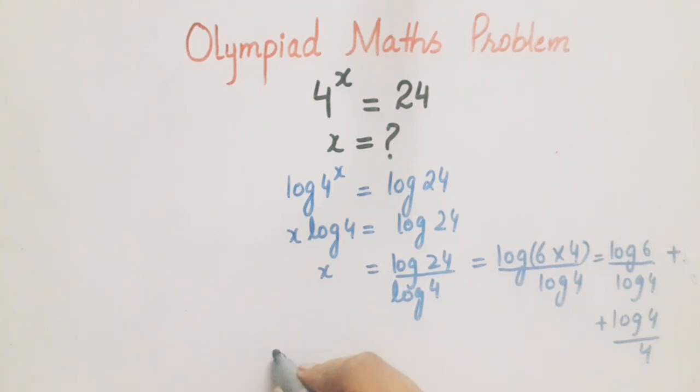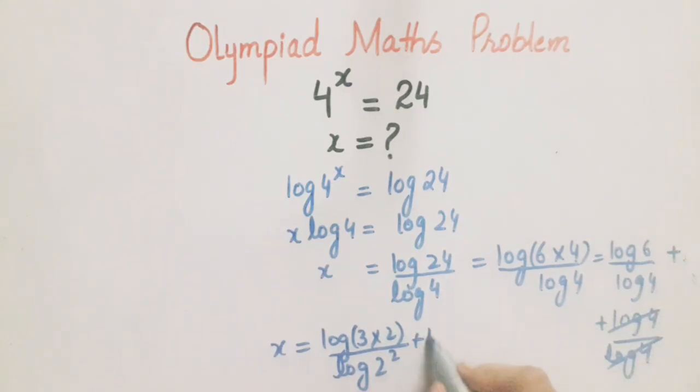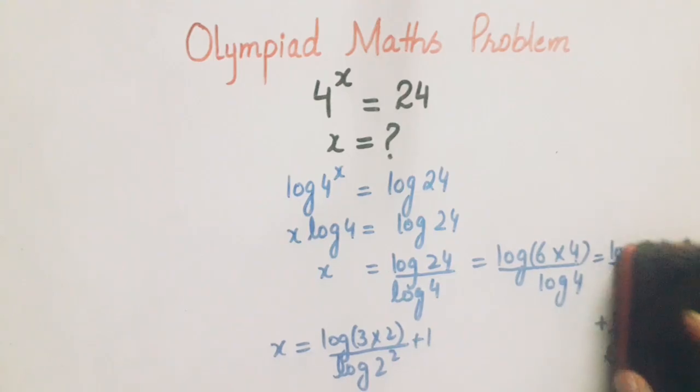So we get x equals log 6 by log 4, where 6 can be written as 3 multiply 2, and 4 can be written as 2 square, plus log 4 by log 4, both are cancelled out and we have 1.